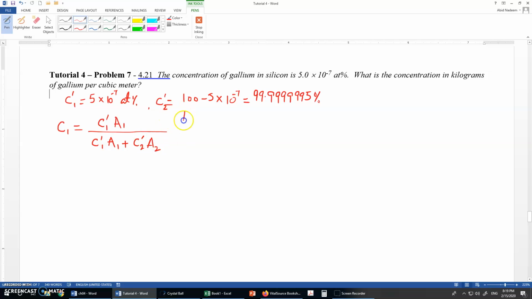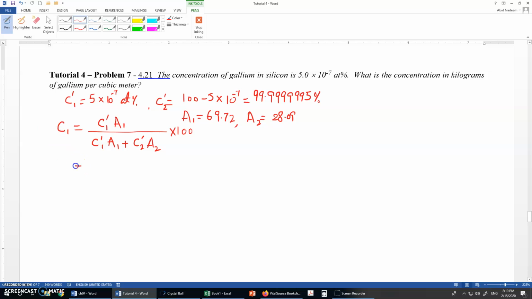Now A1 is the atomic weight for gallium, which is 69.72, and A2 is the atomic weight for silicon, which is 28.09. If you want it in percentage terms, we multiply it with 100.